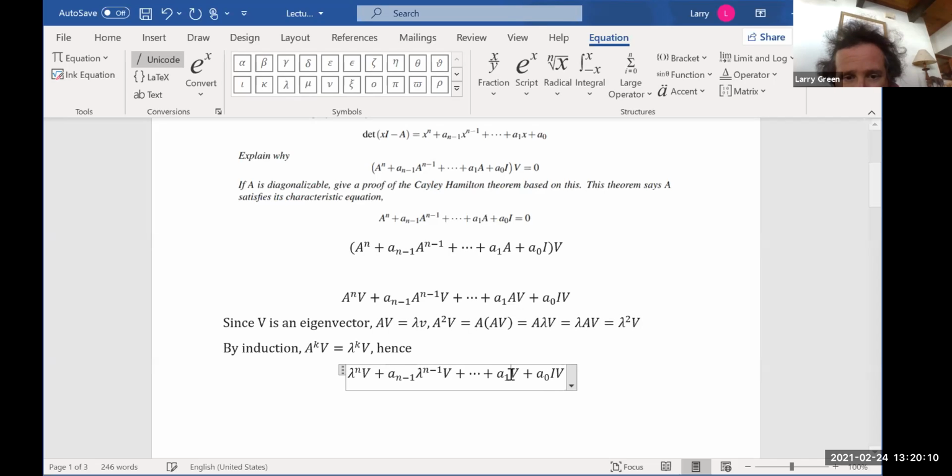And this A is just a lambda. And we got that, right? Anyone lost on what we just did?